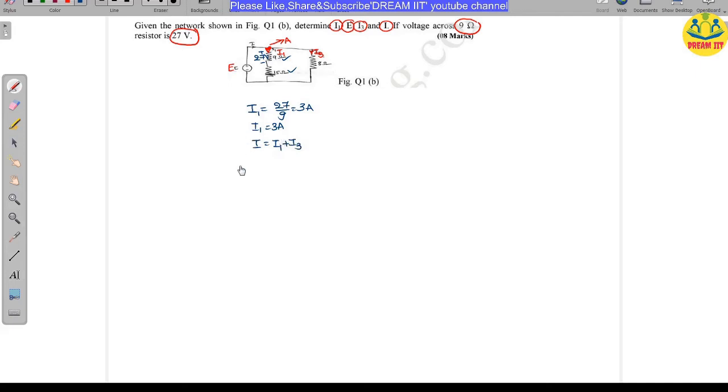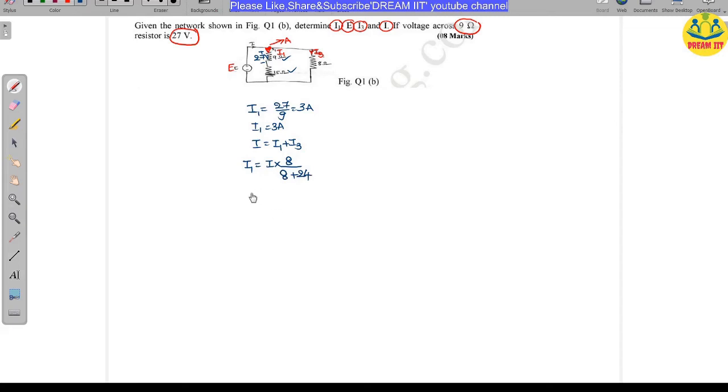For that purpose I am using the current division rule. I1 is equal to total current into the opposite resistance, 8 divided by 8 plus 24. Total it is 24, because 15 and 9 are in series with each other.